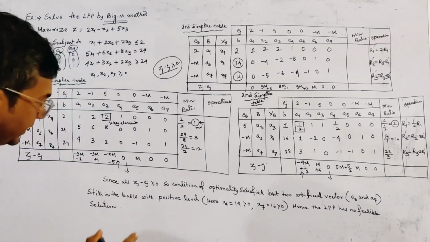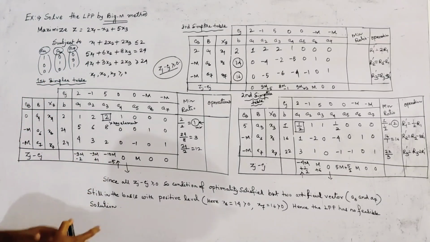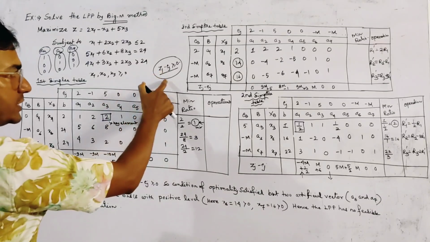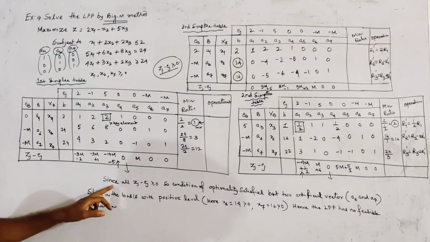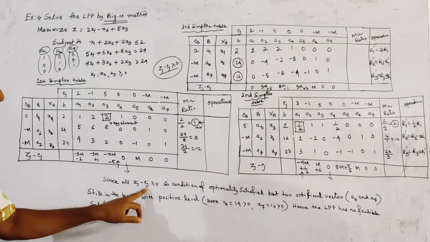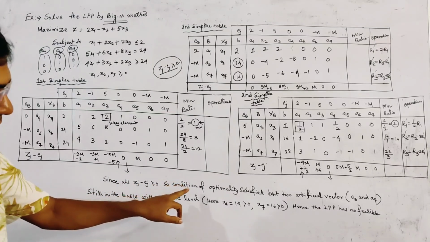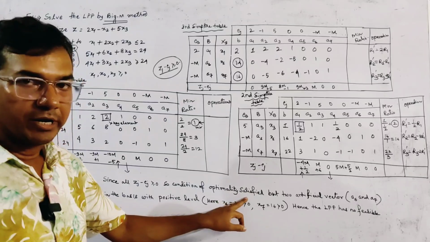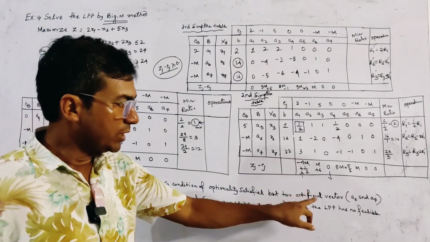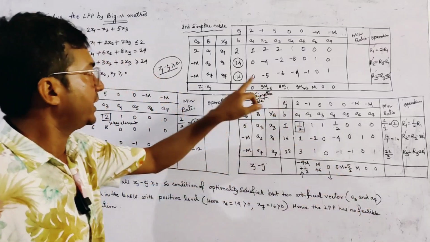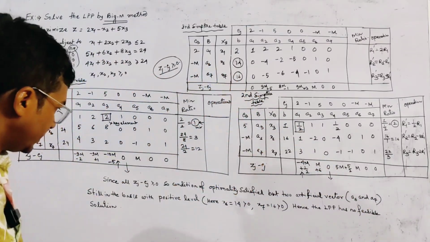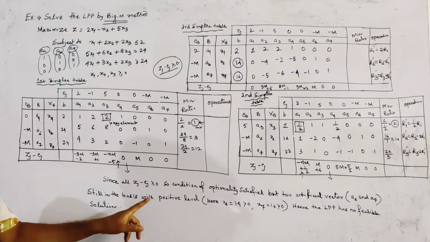Here we write two important lines at the end of the solution to understand this argument. Since all Zj minus Cj are greater than or equal to 0, the condition of optimality is satisfied. But two artificial vectors, A6 and A7, are still in the basis with positive level.